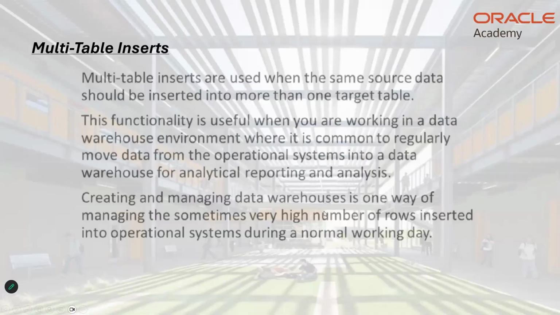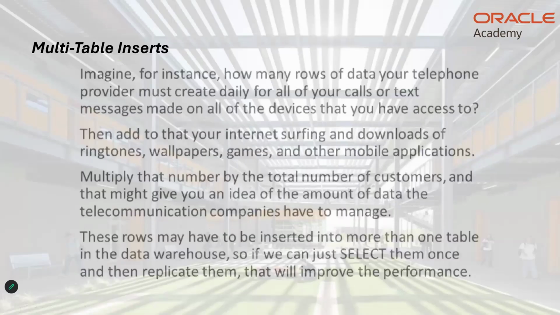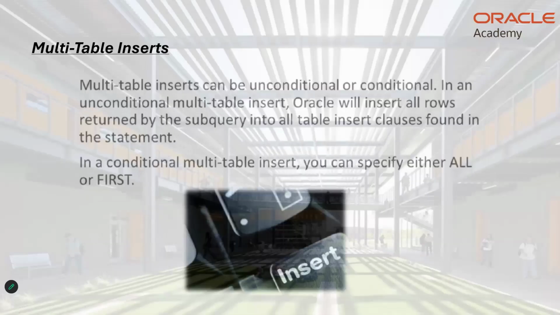Let me go into multi-table inserts. Basically, you have to be very careful, and usually this is a high level of data. I talk about things like making sure, as far as the number of rows and customers, etc. These are the things that you want to be aware of.